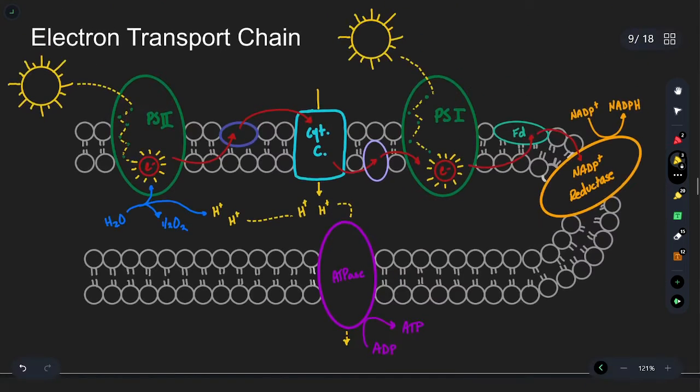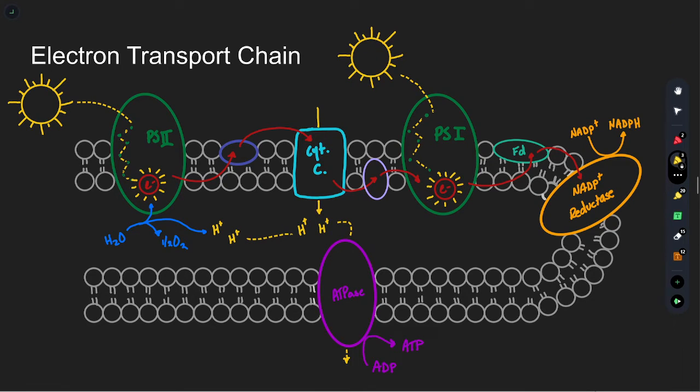So let's look at the actual diagram now, which I have drawn for you. So we have PS2 first. Sunlight hits PS2 and goes from pigment to pigment until it reaches this electron. The electron absorbs those photons, which makes the electron become excited. In this process of photoexcitation, the electron goes from a low energy level state to a high energy level state.